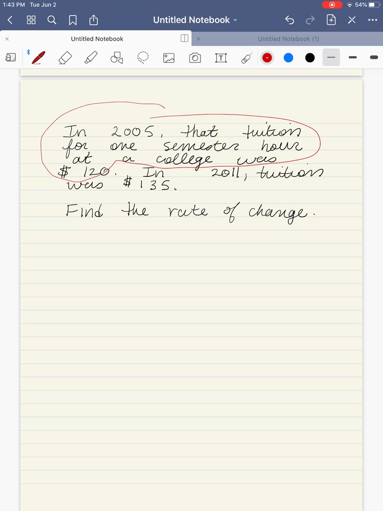This sentence is giving me an ordered pair of information. This sentence is giving me another ordered pair of information. And remember that ordered pairs, I have an input number and an output number. So in this case, my input number is the year. My output number is the dollar amount for tuition.